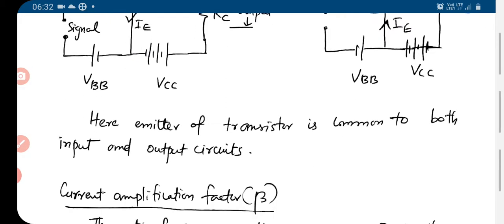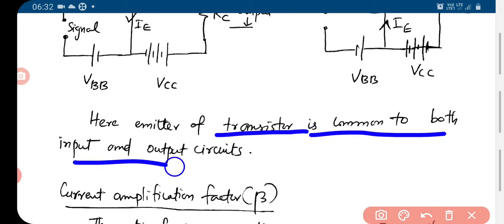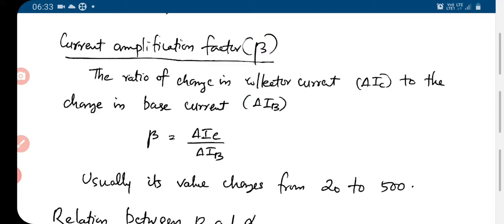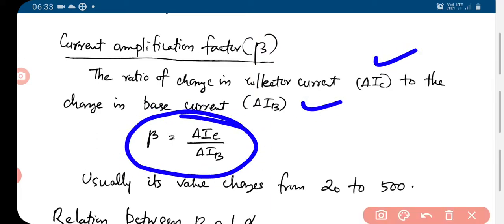So here the emitter of the transistor is common to both input and output circuit. The current amplification factor, that is the ratio of change in collector current to the change in base current, is delta IC by delta IB. Here we have the current amplification factor beta.